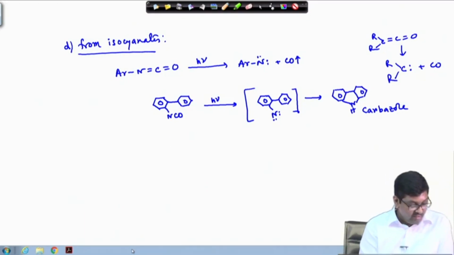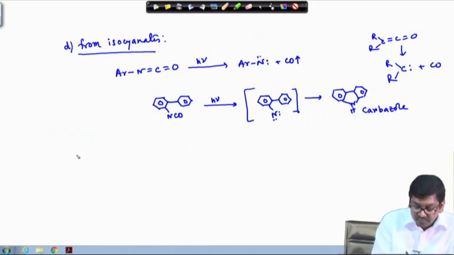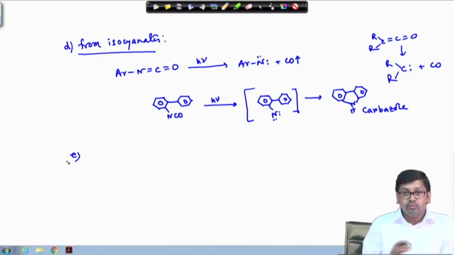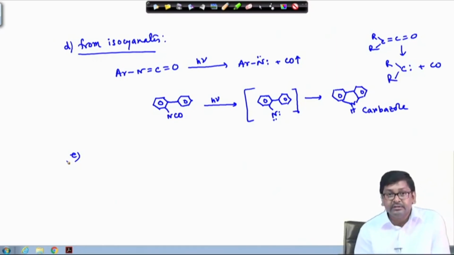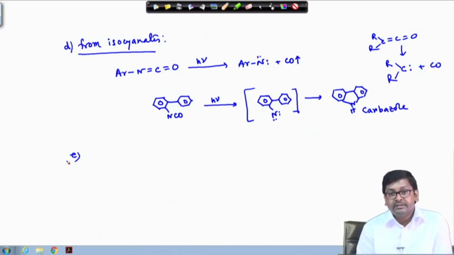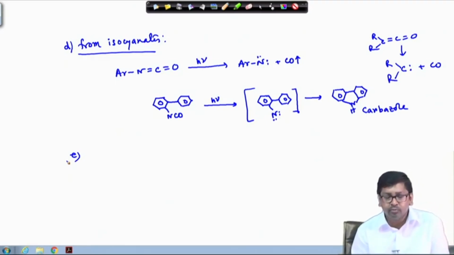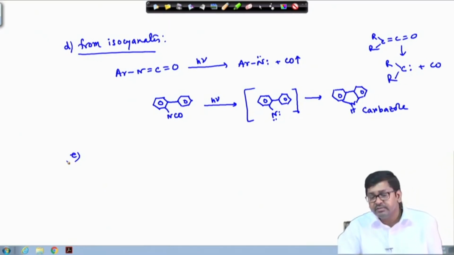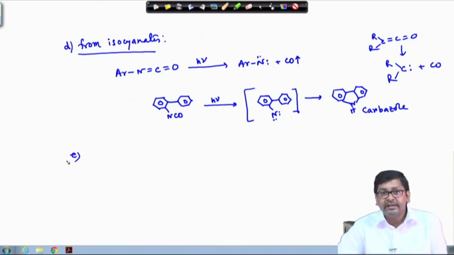Similarly, another method is there through which we can generate the nitrene precursor, and nowadays it has become very popular due to its easy handling. The azides, as we said, are most common and useful, but in a lot of cases azides are very hazardous and they are explosive also. After a certain temperature, most of these azides decompose and they can explode.